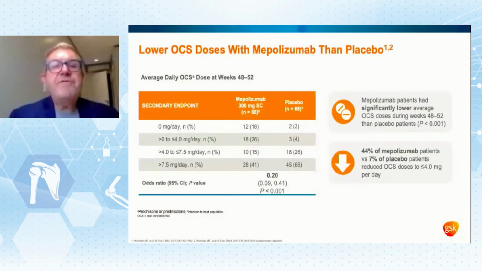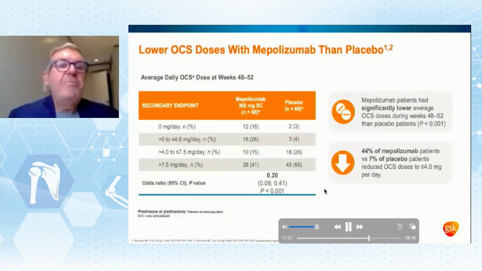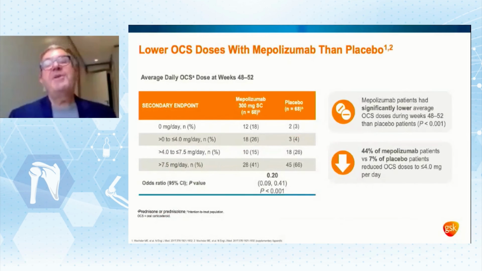In relation to the proportion of patients who needed steroids, 80% finished the study needing between 0 and 4 milligrams of prednisone, 26% between 4 and 7.5, and 41% still had to use more than 7.5 milligrams.